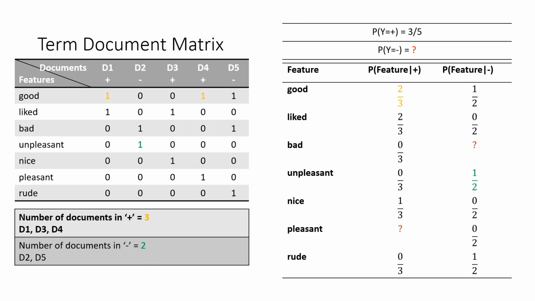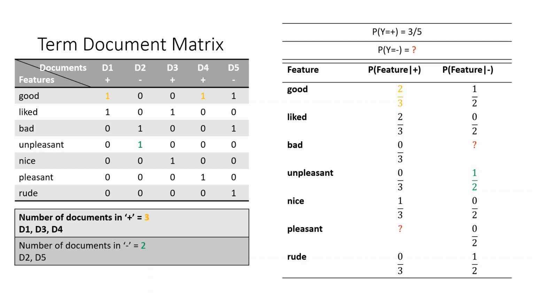In the numerator for good we have the value 2, because good occurs in 2 documents. Similarly, for unpleasant, the number of documents in which unpleasant occurs is 1 and the total number of documents which are negative is 2. So the final probability of unpleasant given negative will be 1 by 2.